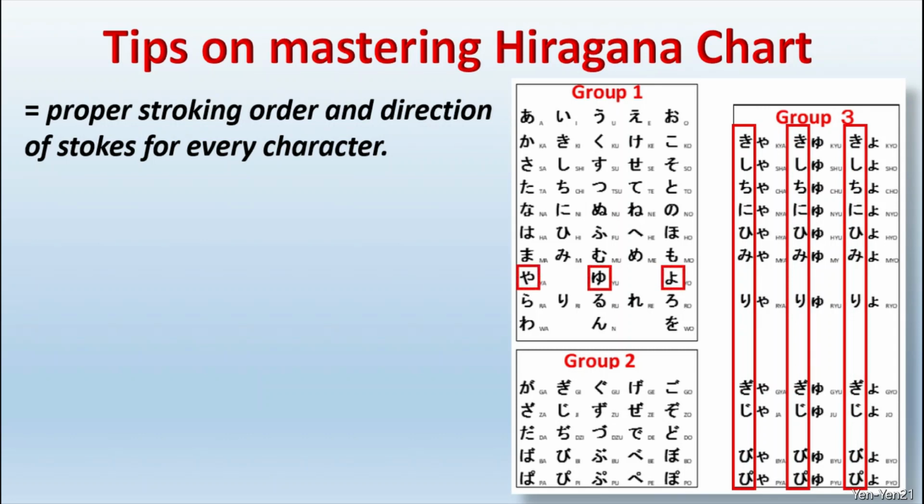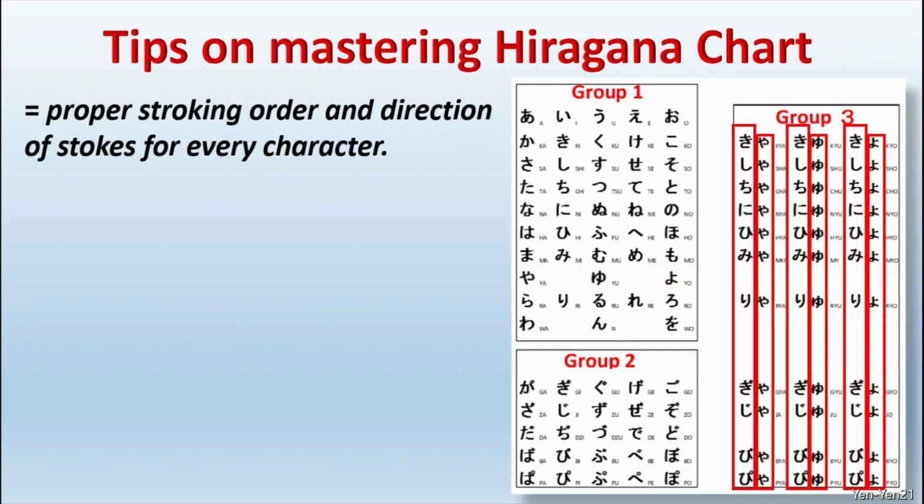About the reading of this group, you just have to put the consonant sound of the character and add the sound of ya, yu, and yo, except for shi, chi, and ji. You won't add ya, yu, and yo sounds to them. Instead, you will add a, u, and o sounds. And that's it. You have a guide on how to master the whole chart.